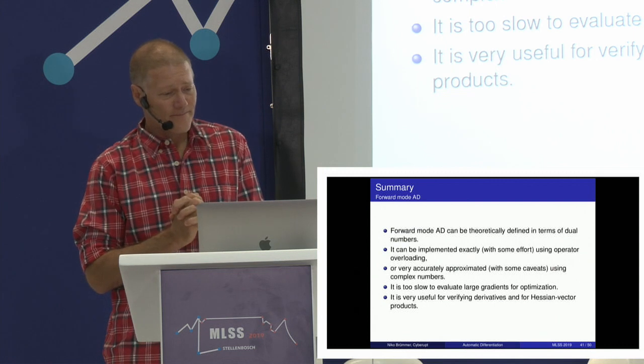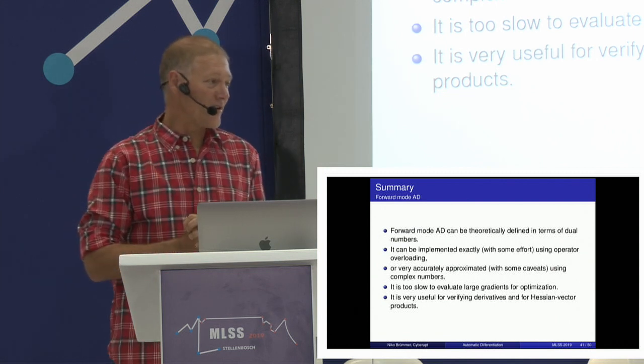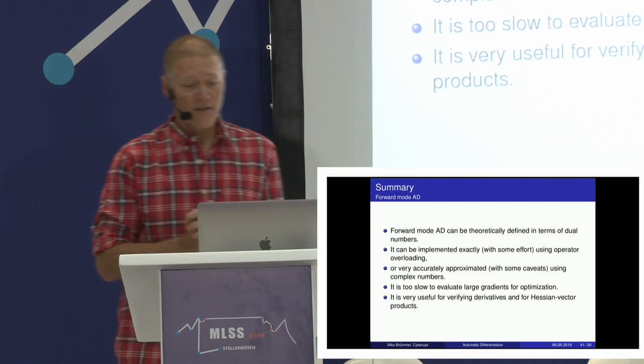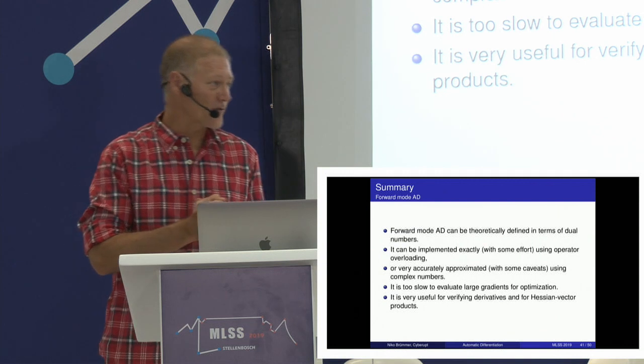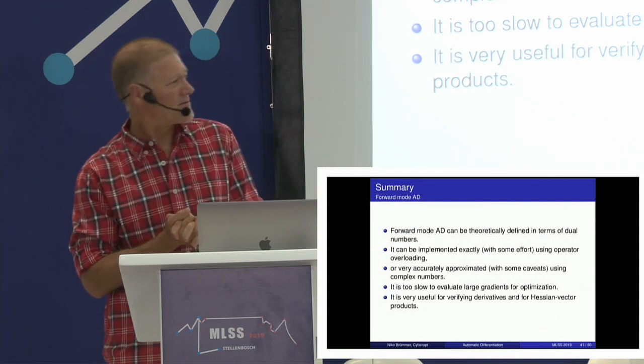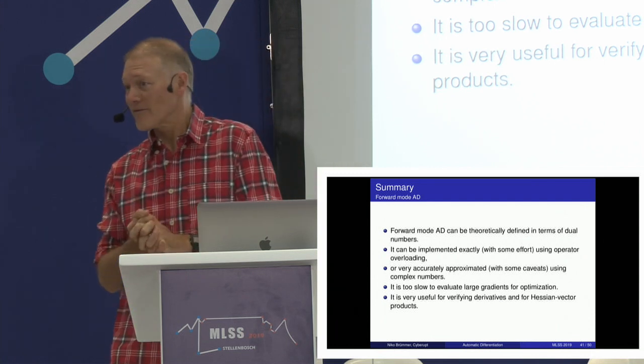Forward mode is no good to evaluate large gradients for optimization, but nevertheless, it's very useful for some other things. Maybe I should ask if there are any questions about this part before I go on.